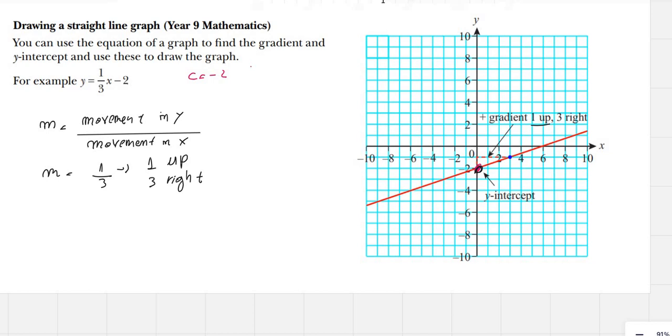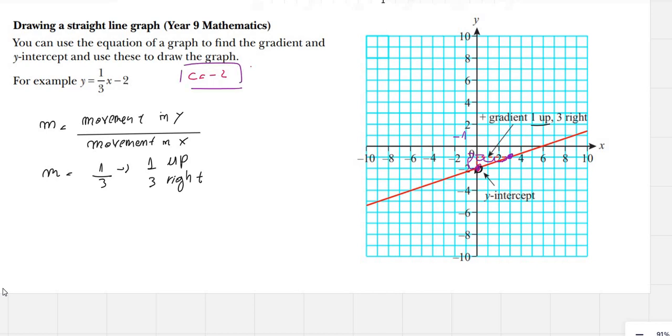So 1 up, so it will be minus 1, and 3 to the right. 1, 2, 3. So this will be the second dot. The first dot will be minus 2, that is the value of c.